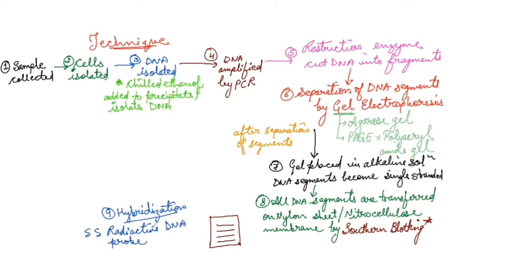This probe is complementary to the single strands which we have created. So it is complementary to the VNTRs, the variable number tandem repeats or the DNA segments we have used.